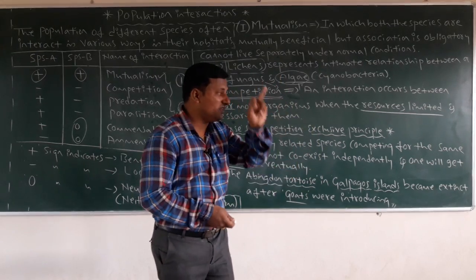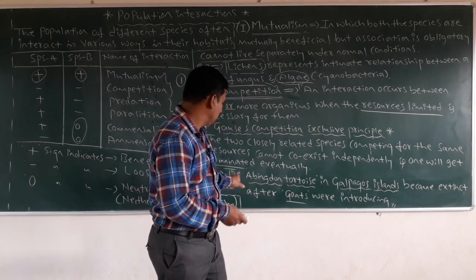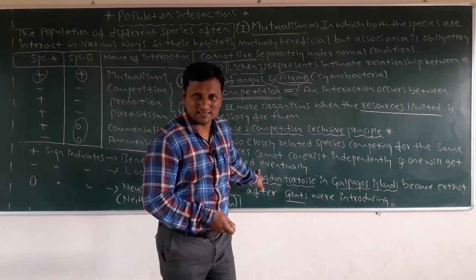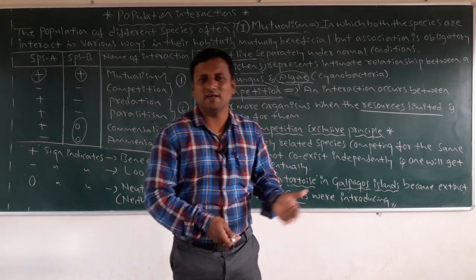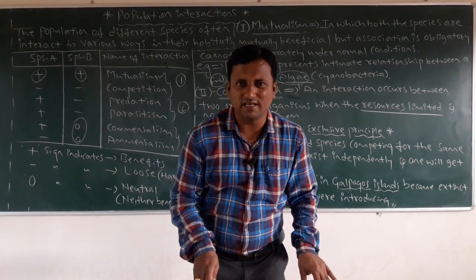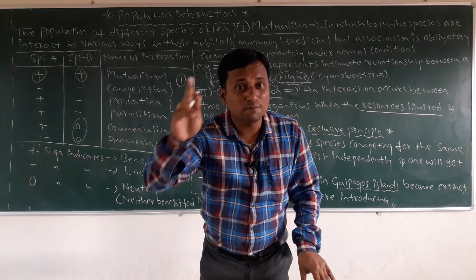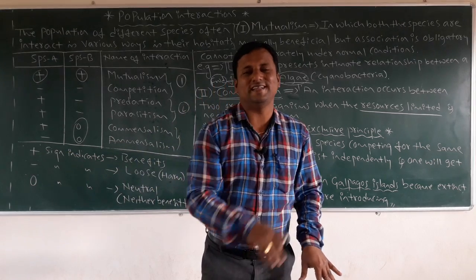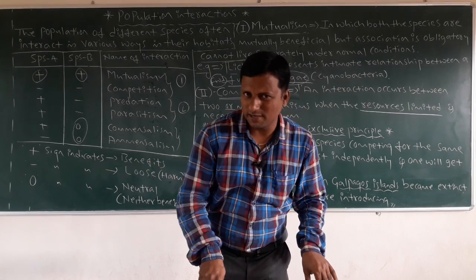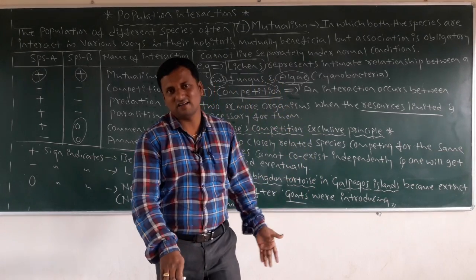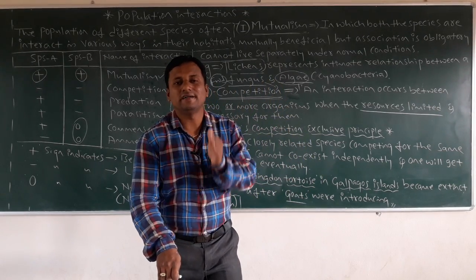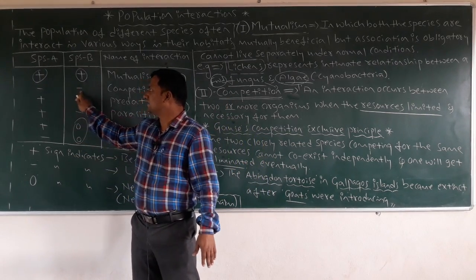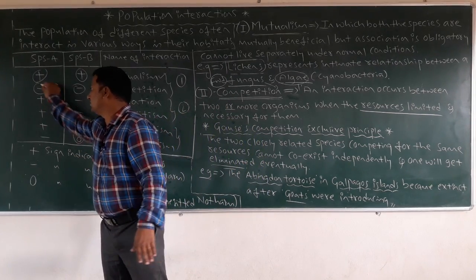That inferior one will get eliminated eventually. Almost competition is going on, but one species must be superior. The species which is eliminated becomes the inferior. But whatever may be, both are not satisfied 100%. Then only we say them as minus and minus, like this concept.